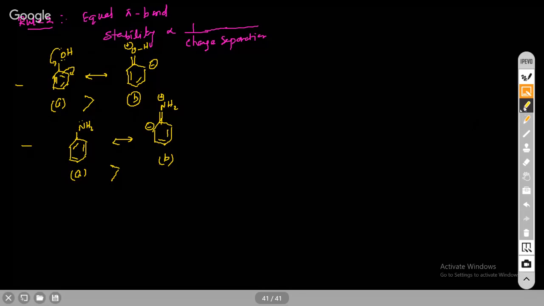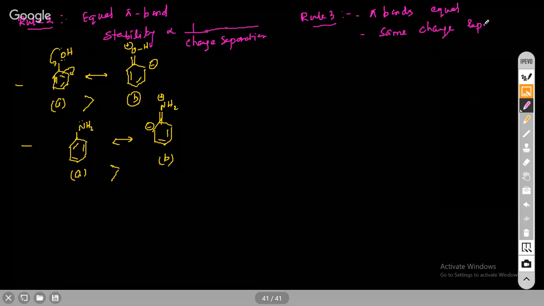Okay. Rule 3, you write down. Now in this also, if pi bonds are equal and same charge separation is there, then obviously we cannot do the stability check from rule 1 and 2, right?